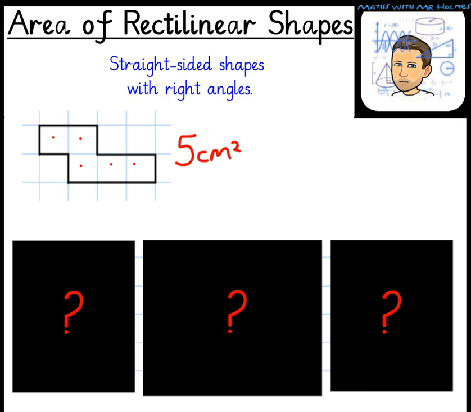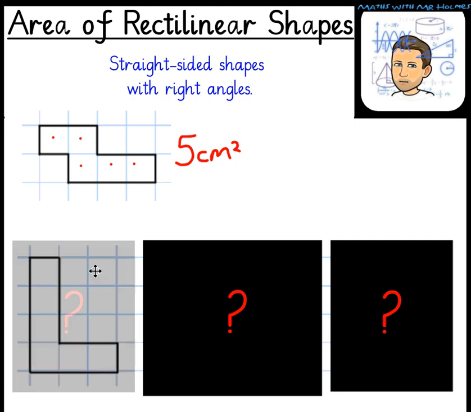Let's have a look at a few more. So here we've got like an L, isn't it? An L shape. This is also a rectilinear shape. Now what we could do as well is we could split the shape into 2. So we could put a line down here and we can actually create 2 rectangles.